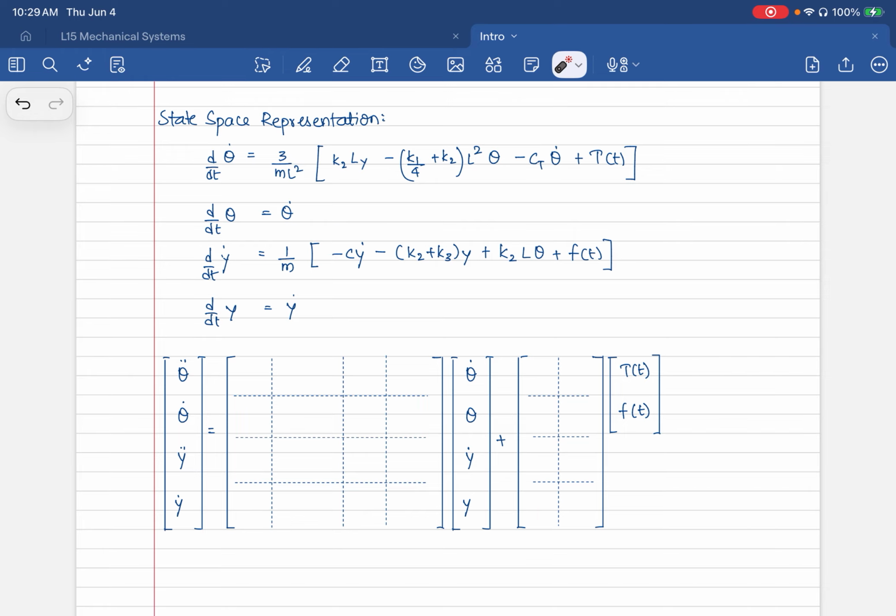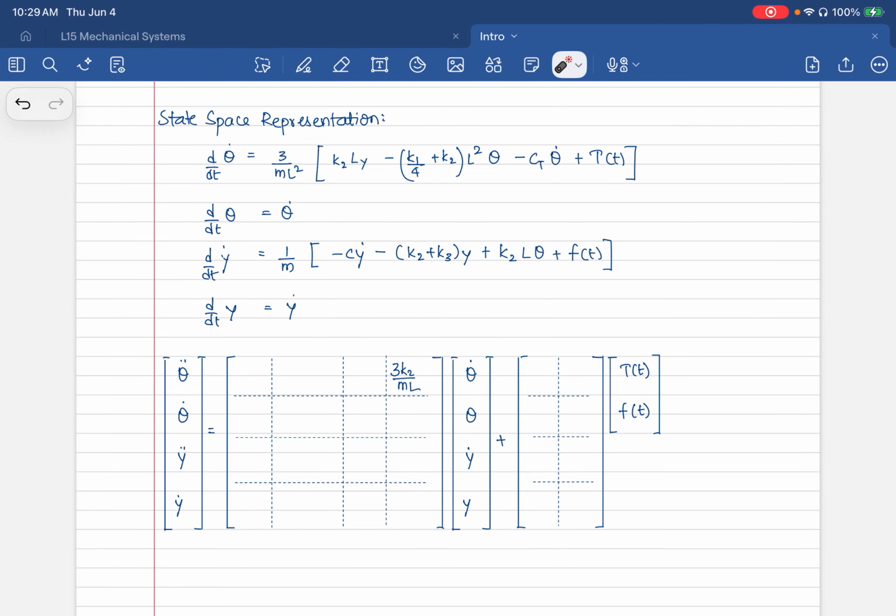So in this case, we have for y, you have 3k2l by ml square. So that will come in this position here. So 3k2l, no, l is divided, so 3k2 by ml. That's the first term.